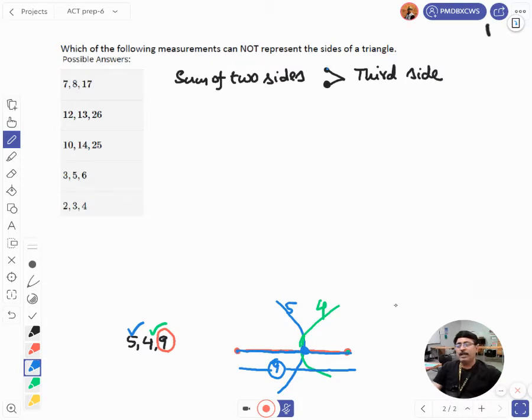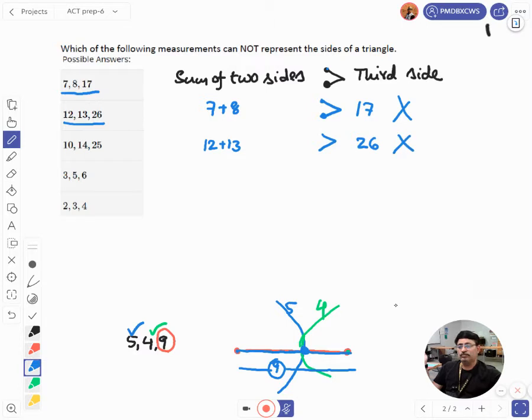Now, let's consider the first case, 7 and 8. The shorter sides 7 plus 8 give me 15. Is it greater than the third side? The answer is no. Then 12, 13 and 26. Let me take the short sides, 12 and 13. That gives me 25. Is it greater than 26?